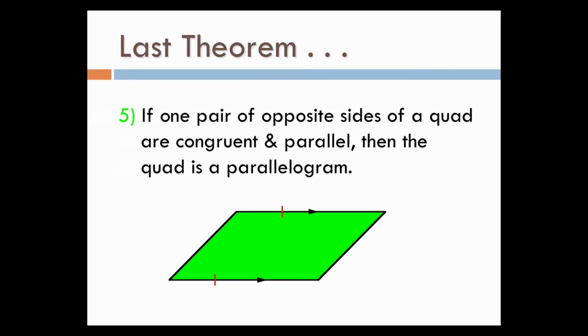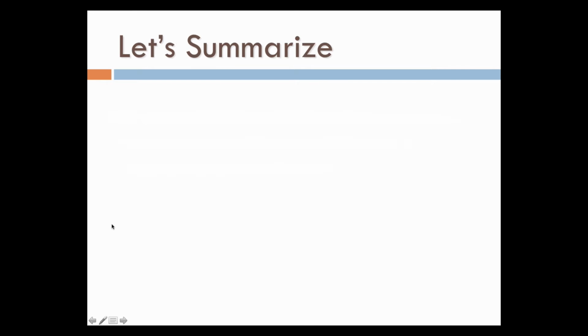If one pair of opposite sides are congruent and parallel, then it's a parallelogram. Okay, good? Let's see this in motion then.